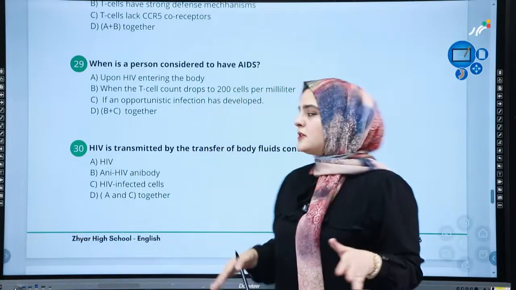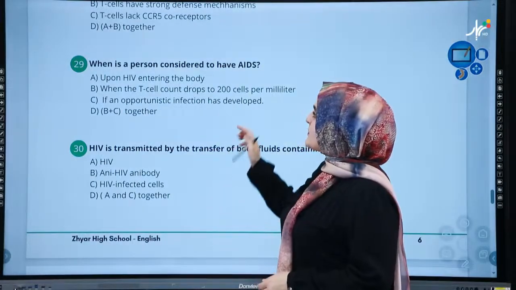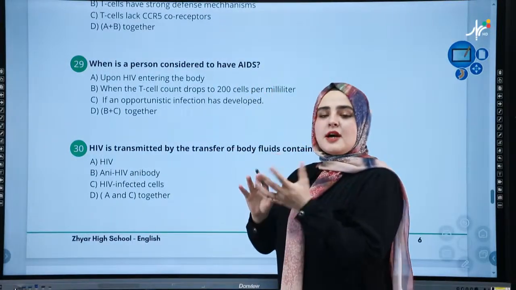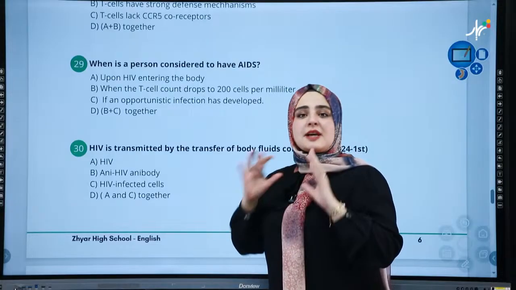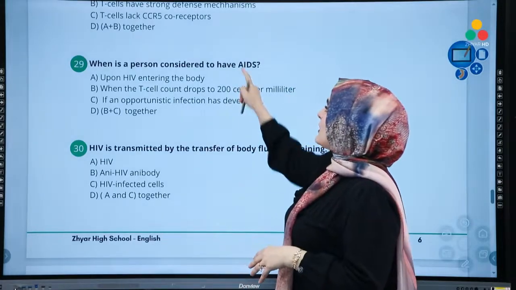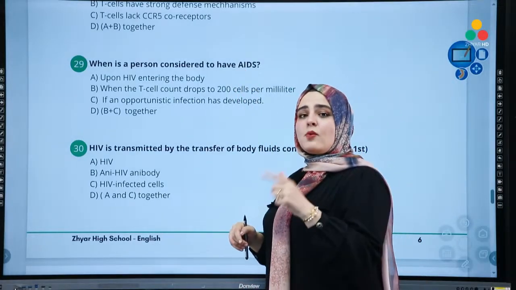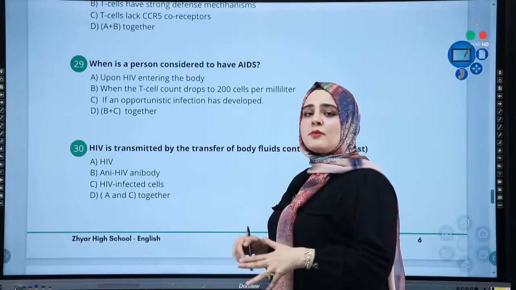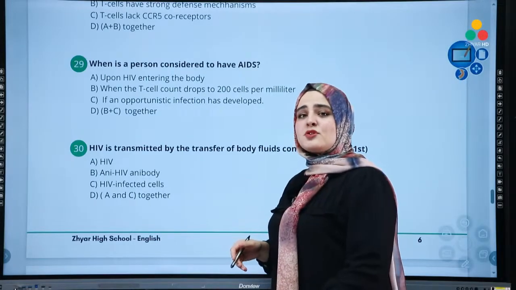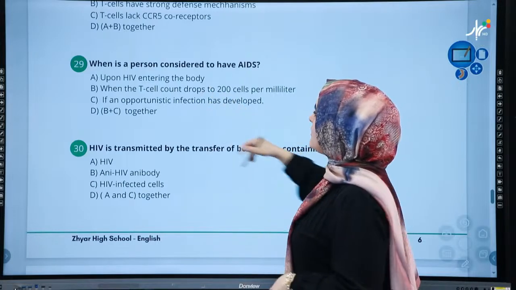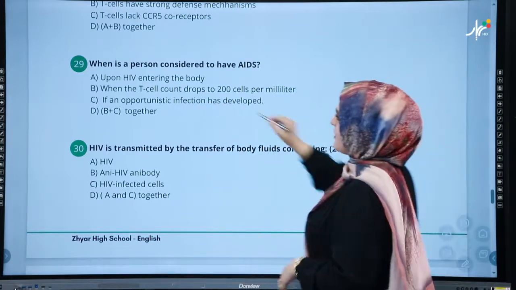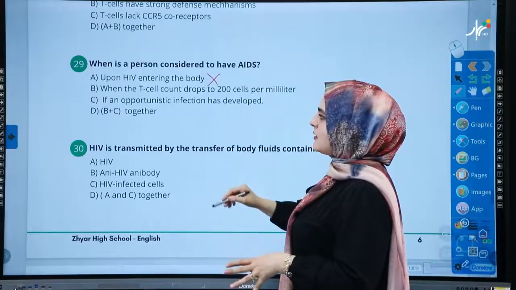So it's not considered as a problem. It's a bit more special because sometimes HIV stays in the body for 10 years before it develops any symptoms and creates AIDS. AIDS stands for acquired immunodeficiency syndrome. Means that person's immunity is going to be so low, no longer can defend itself. So upon entry of the HIV is not a correct answer. You don't have it immediately.